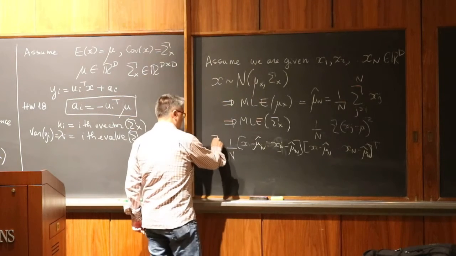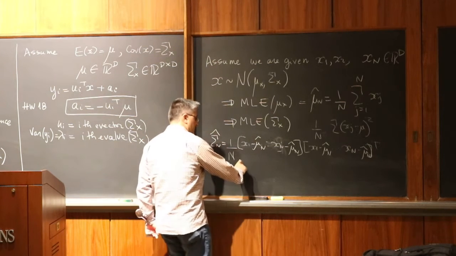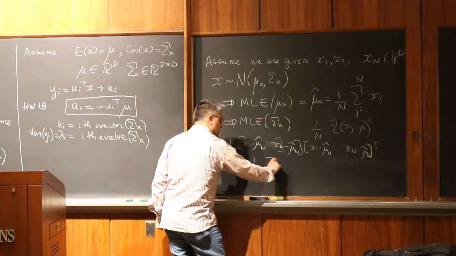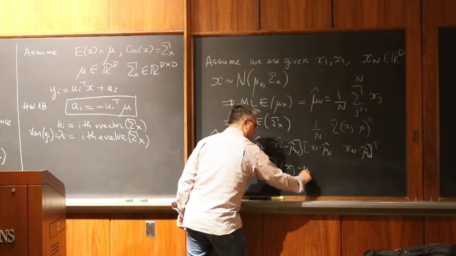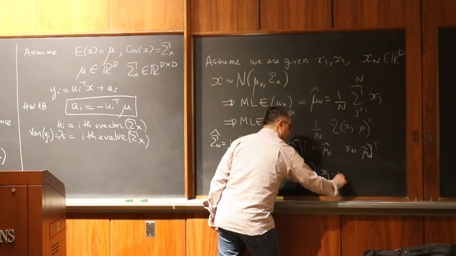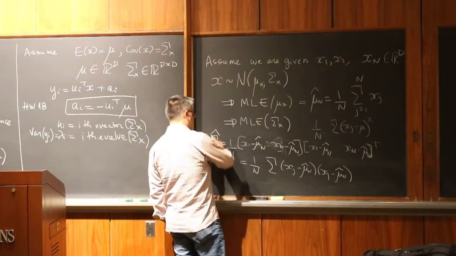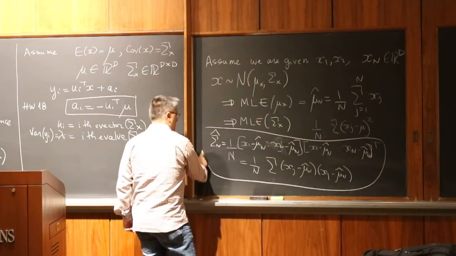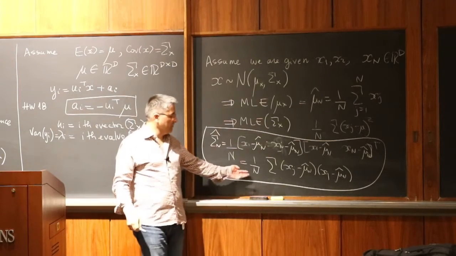And we are going to denote that as sigma n hat. But there is another way to write it, which is maybe closer to that over there, which is the sum of xj minus mu times xj minus mu hat. These are the same thing.